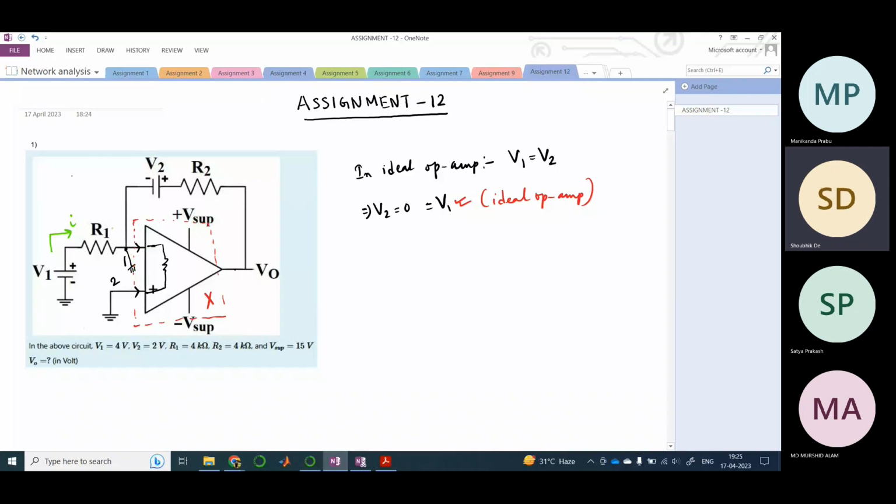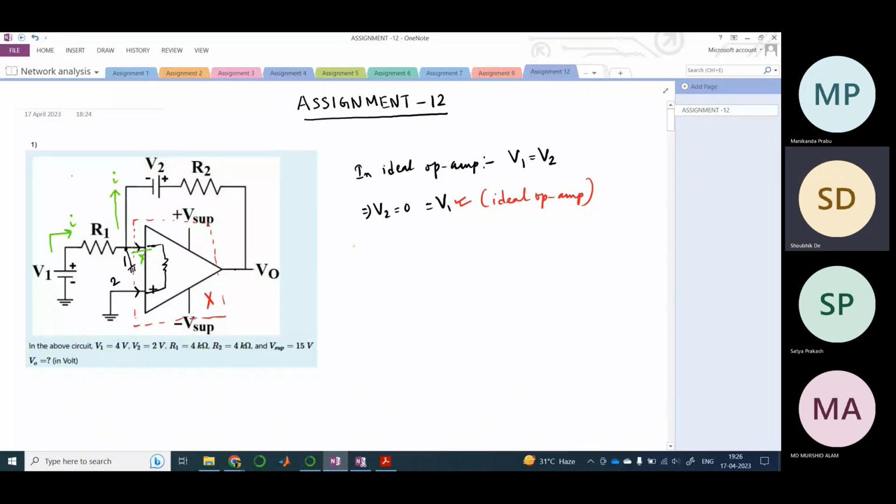Because this is grounded. This op amp is not there only. So this path is not present, so the current would directly be going through into this path.